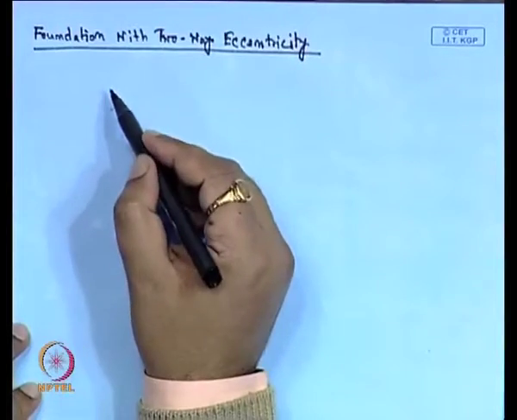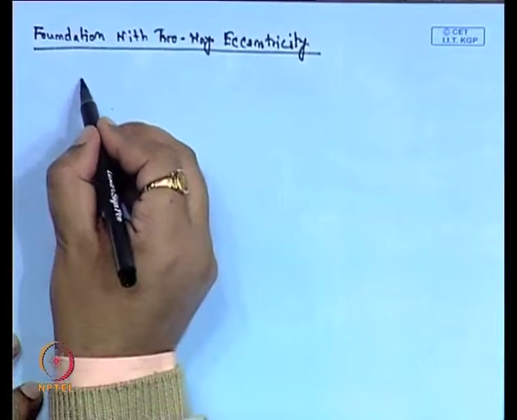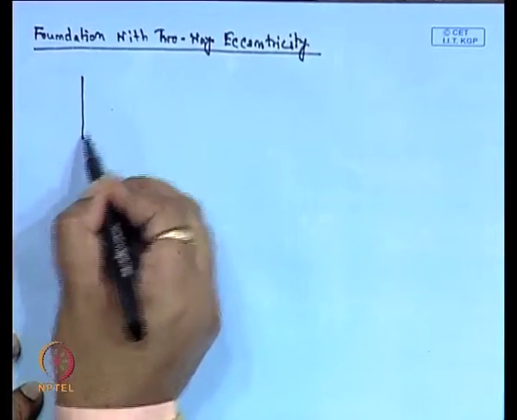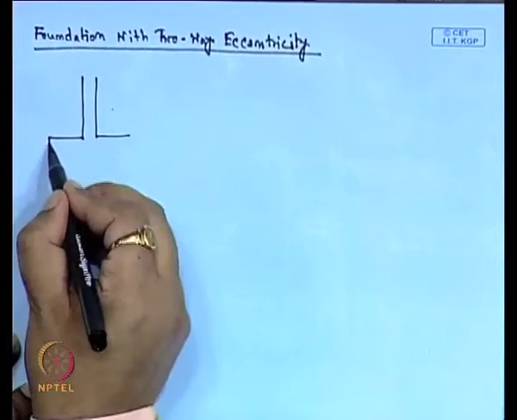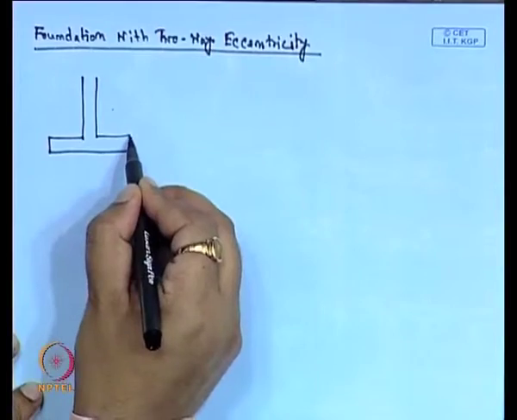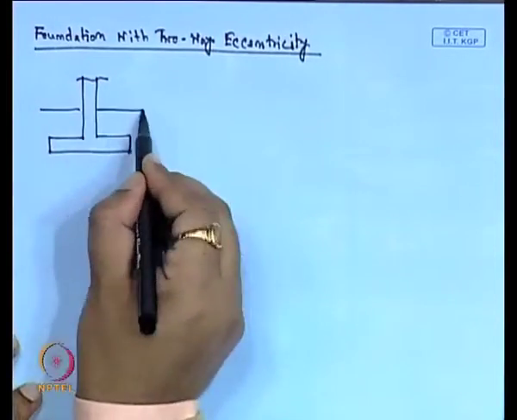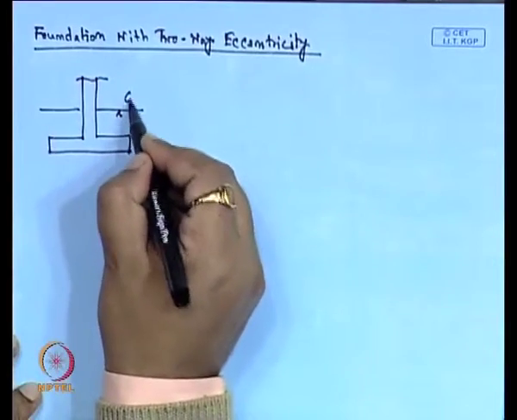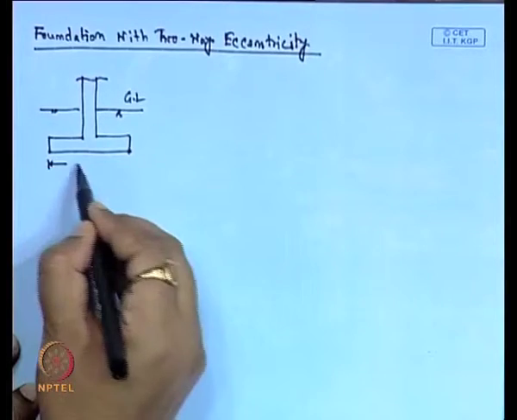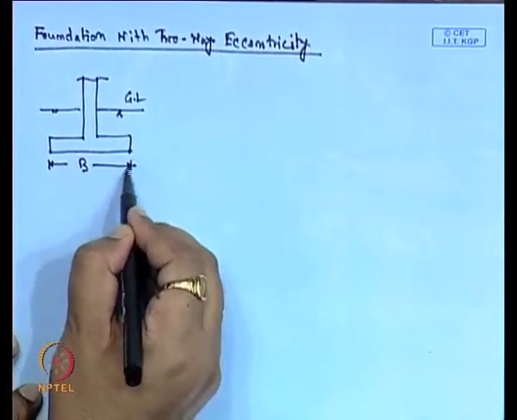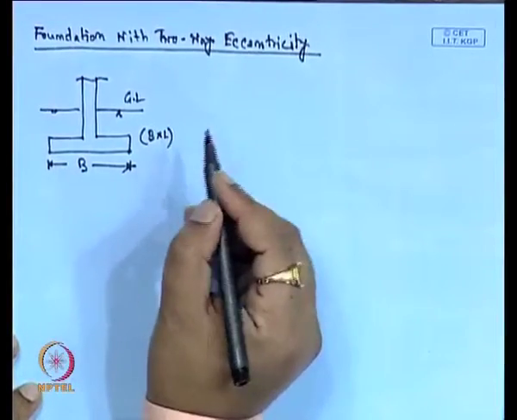Now, the next case is the foundation with two way eccentricity. So, suppose this is the cross section of the footing, this is the ground line and this is B, and the dimension of the footing is B cross L.